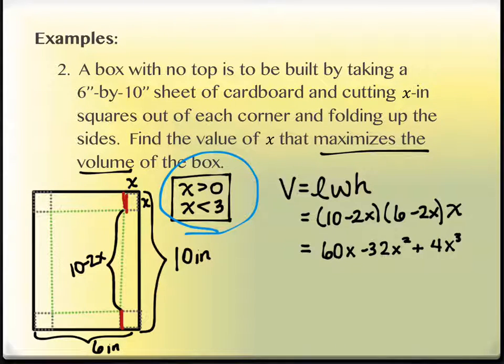So go ahead and take the derivative then of the volume. So what do we get if we take the derivative of v? Okay, I've got mine written backwards of what you're reading, but I've got a 60, I've got a 12x squared, and what else do I have? Minus 64. A 64x, right?